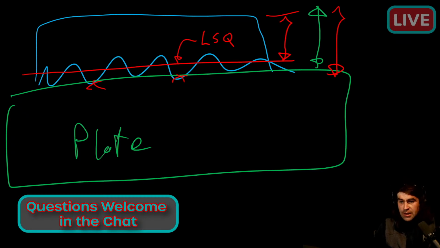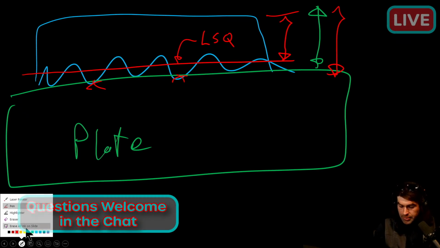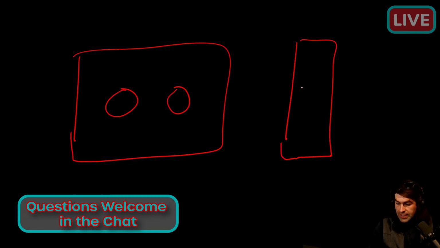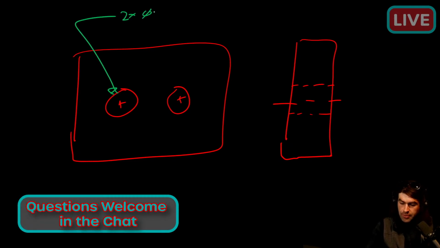Oh, okay. So I got a question about alignment methods. So Carlos is saying, hey, I got two holes in a plate, right? So our classic light switch looking part. So we're saying 2 times some diameter.